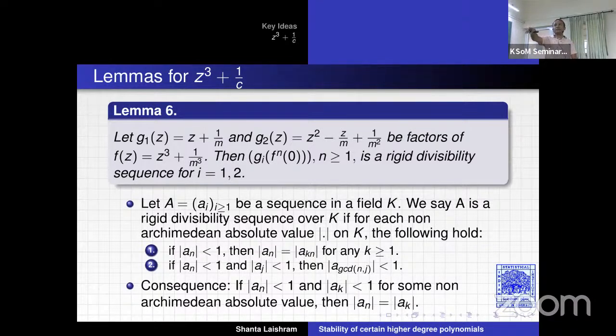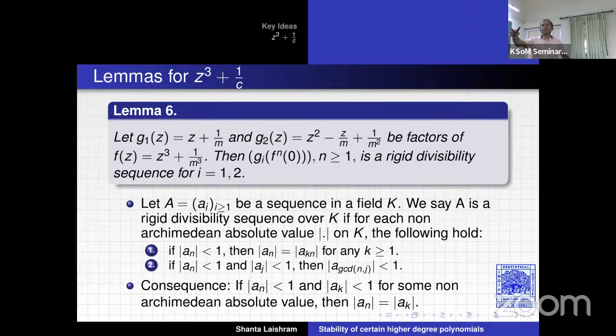And if the absolute value of n is less than 1 and the absolute value of j is also less than 1, then the absolute value of A of GCD of n and j is also less than 1. If these conditions hold for a sequence A_i, then we call that sequence a rigid derivative sequence.